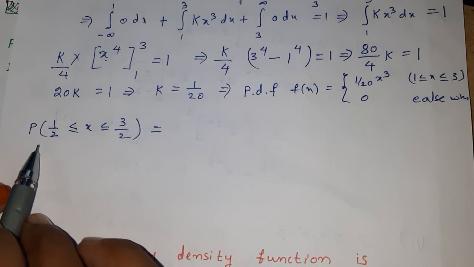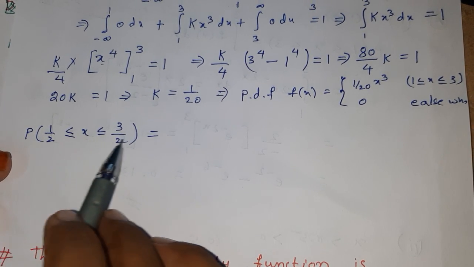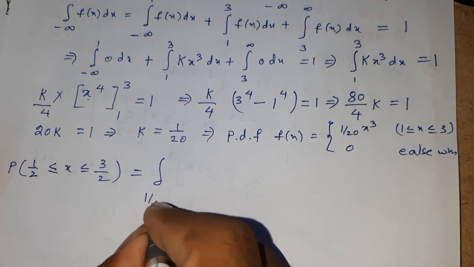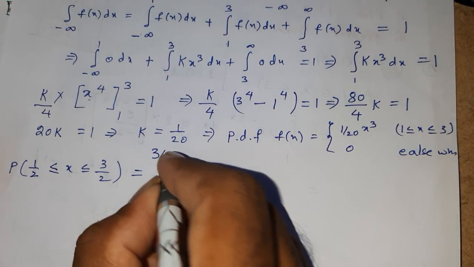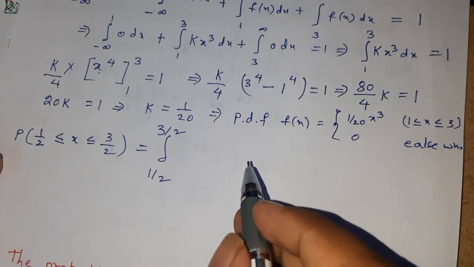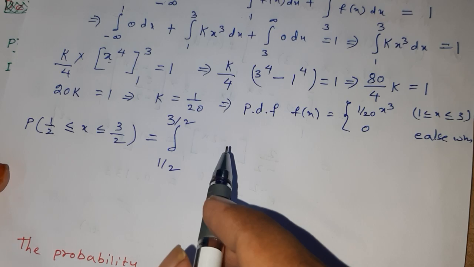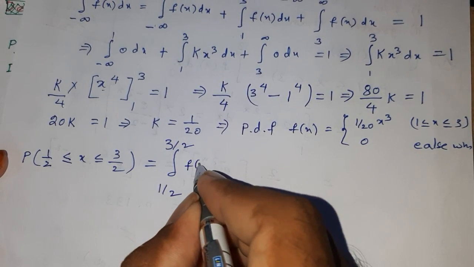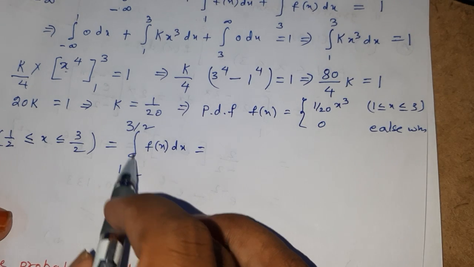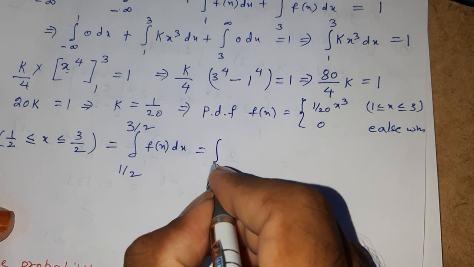The probability within these limits is given by the integral from 1 by 2 to 3 by 2 of f of x dx.